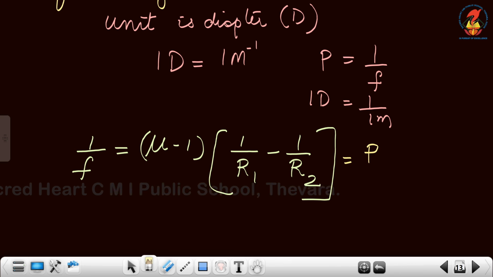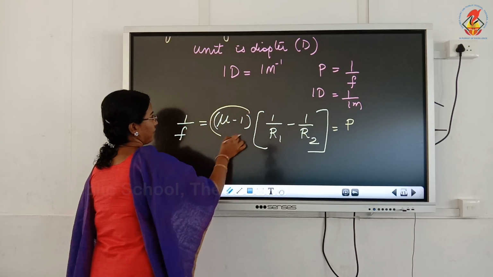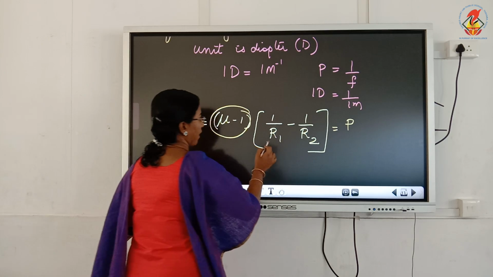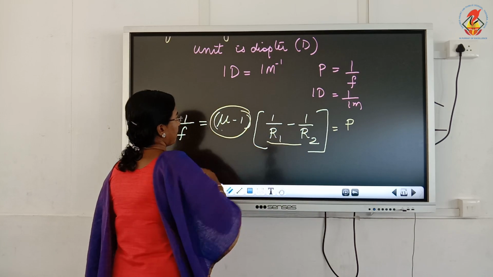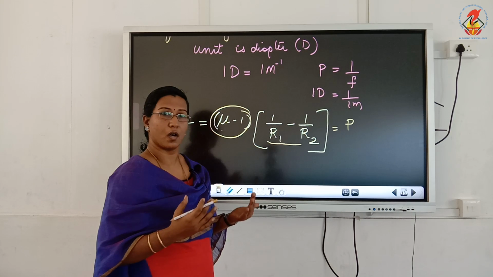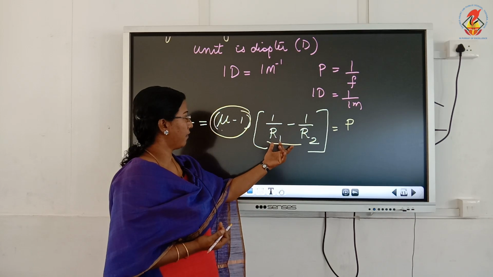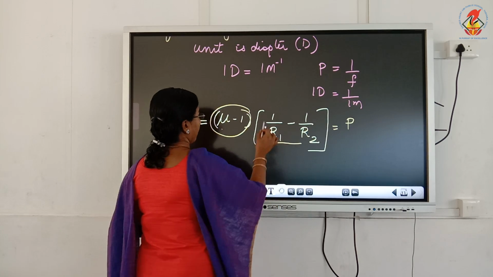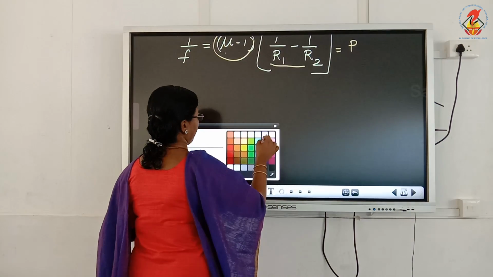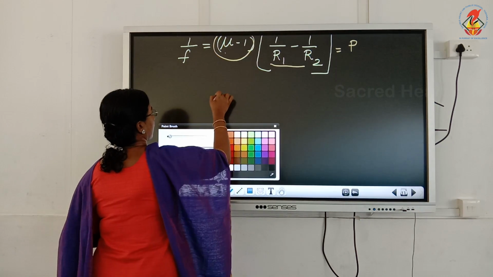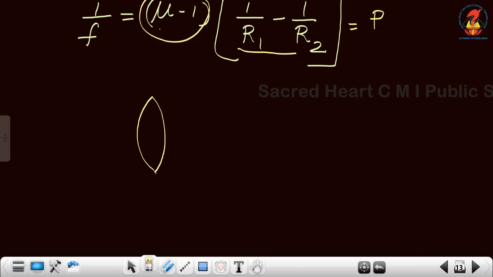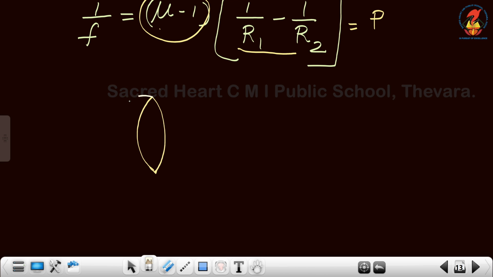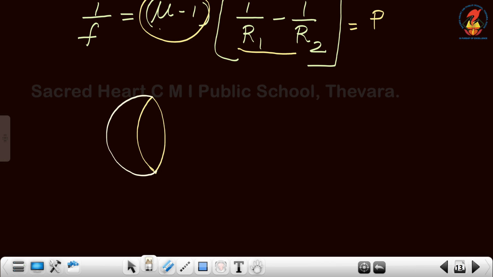If you look at this equation, mu is the refractive index of the material from which the lens is made, and R1 and R2 are radii of curvature. Depending upon the lens, mu minus 1 will have a constant value. The terms which vary are R1 and R2, isn't it? So if you take a convex lens, you know a lens is made from a sphere; each spherical surface is a part of a sphere.